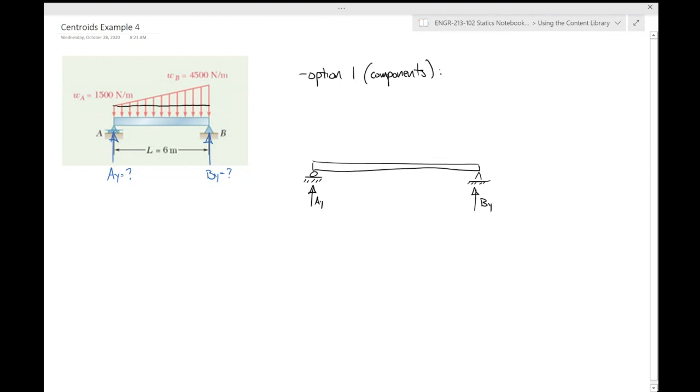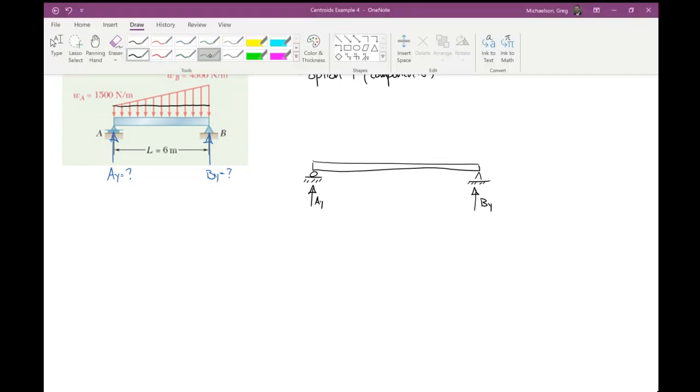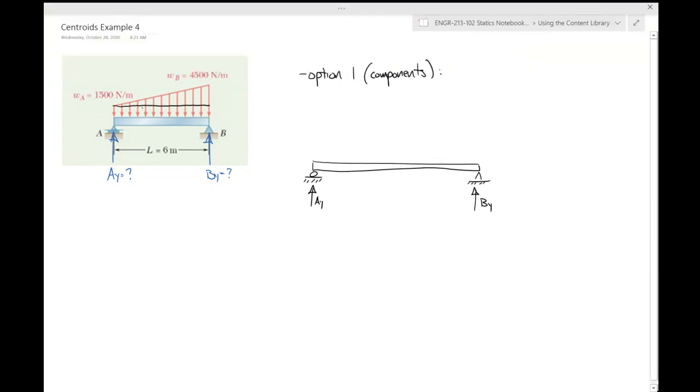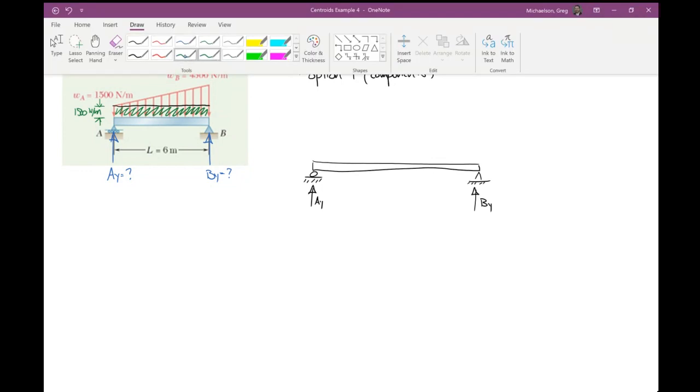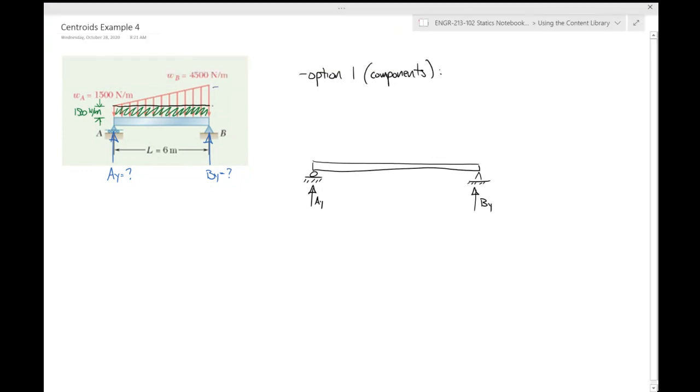One component is a rectangle. You could think of it as a rectangle that has a height of 1,500 newtons per meter. And then the other component is going to be this triangular region here.